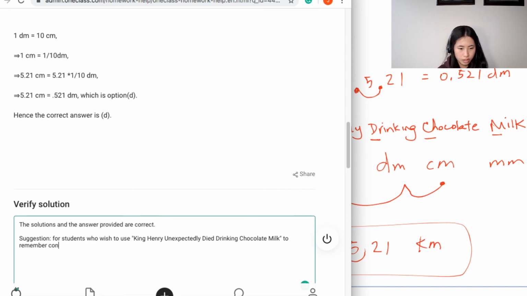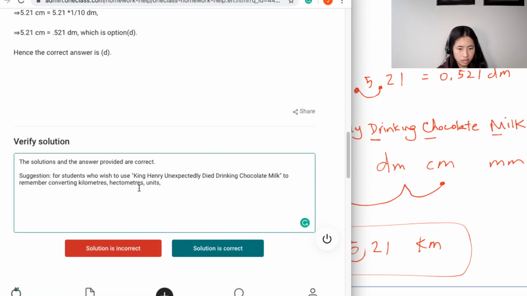converting kilometers, let's just abbreviate this. Kilometers, hectometers, units. Actually, let's keep this as meters.